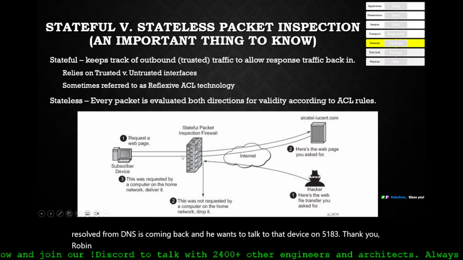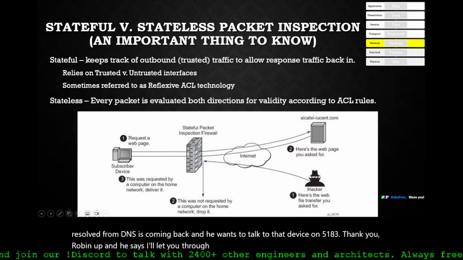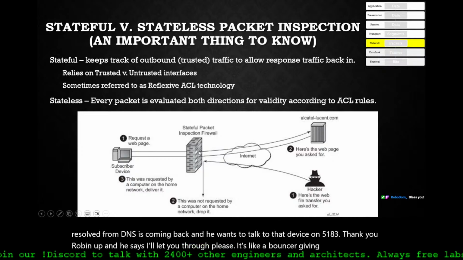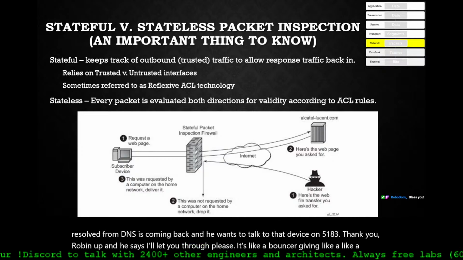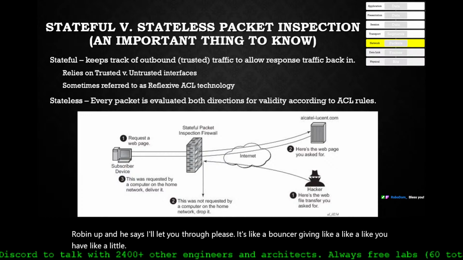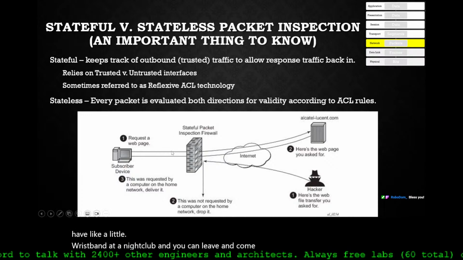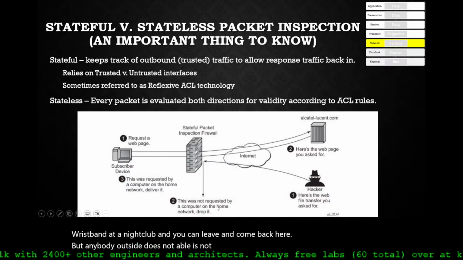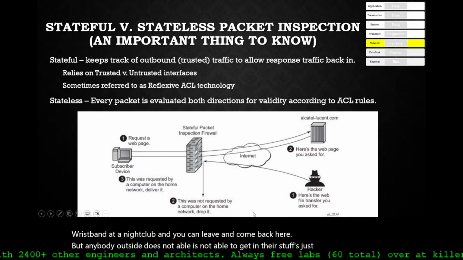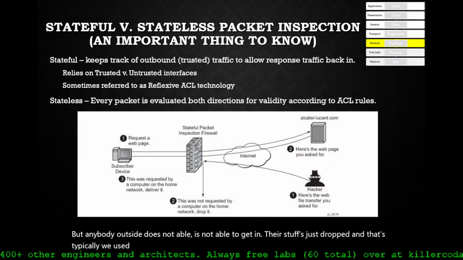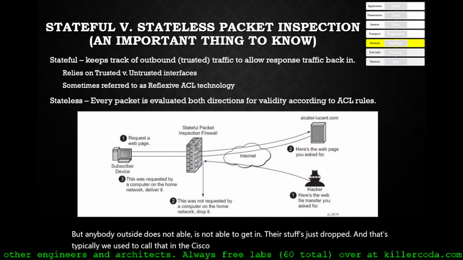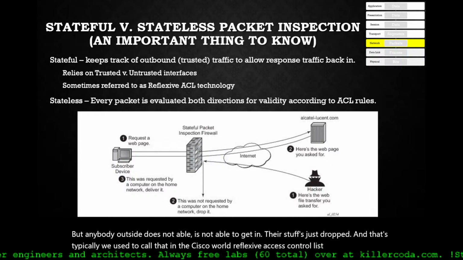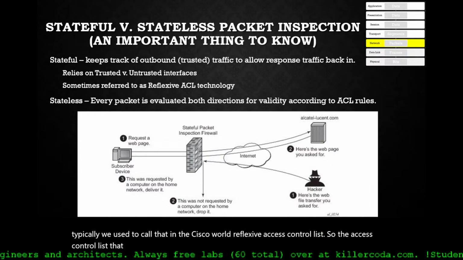And it says, I'll let you through, please. It's like a bouncer giving you a little wristband at a nightclub, and you can leave and come back here. But anybody outside is not able to get in. Their stuff's just dropped. And that's typically what we used to call in the Cisco world reflexive access control lists. So they're access control lists that open for a port to come back through.